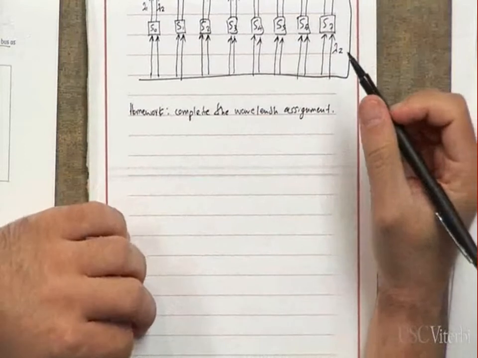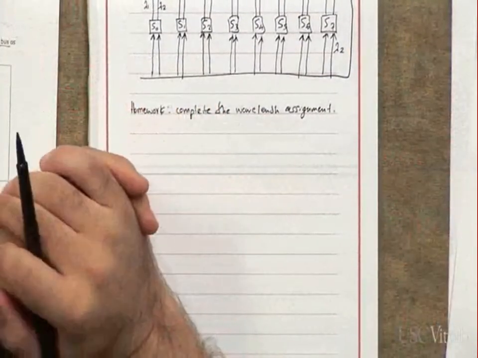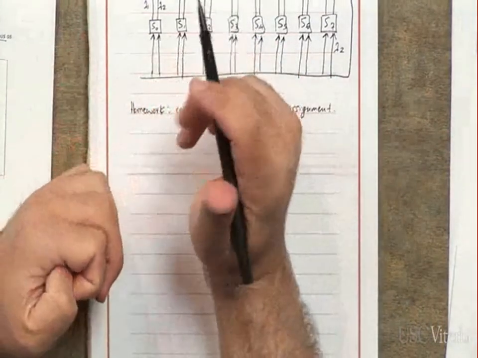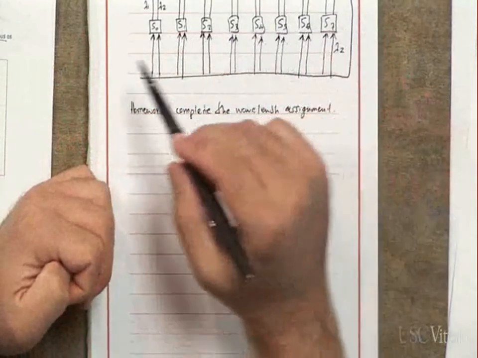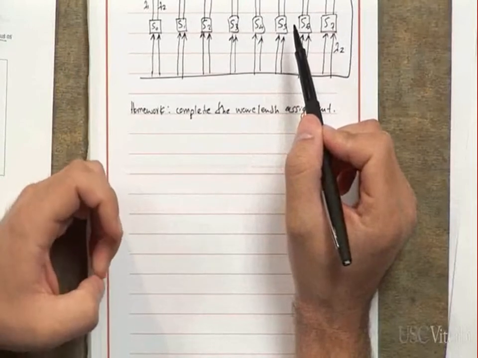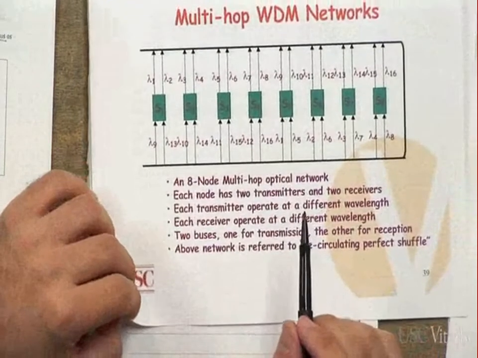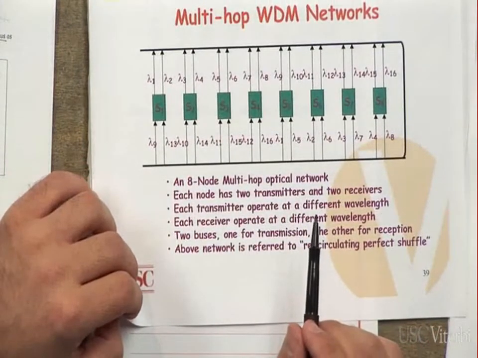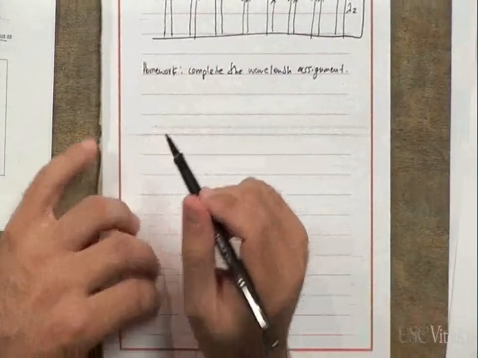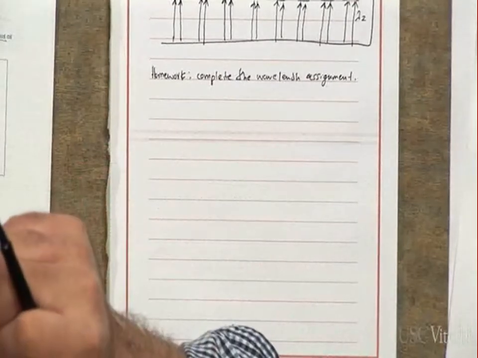Whether it's 1 or 2, you can choose, but just make your own choice and follow it all the way, okay? So you should continue this assignment all the way for all the nodes to support this connectivity. Now, we do something similar here, okay?